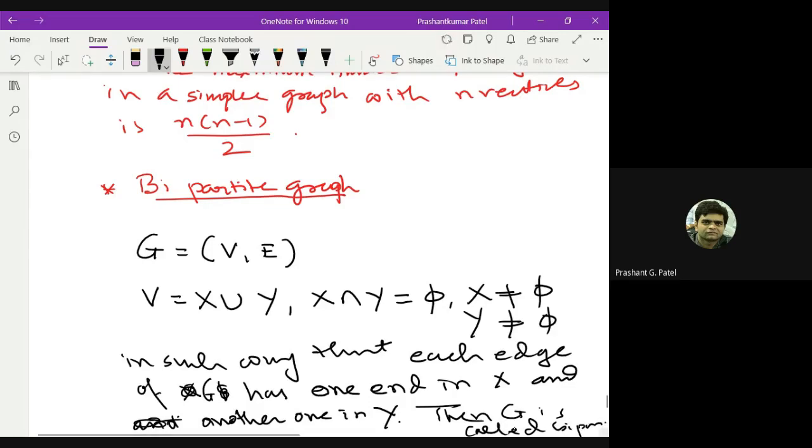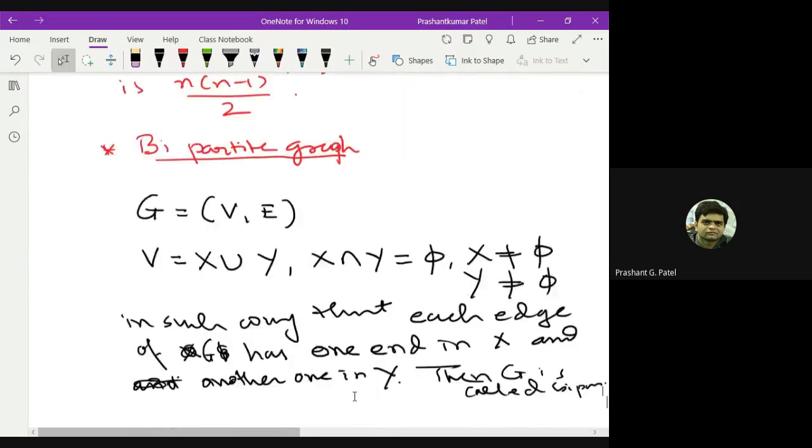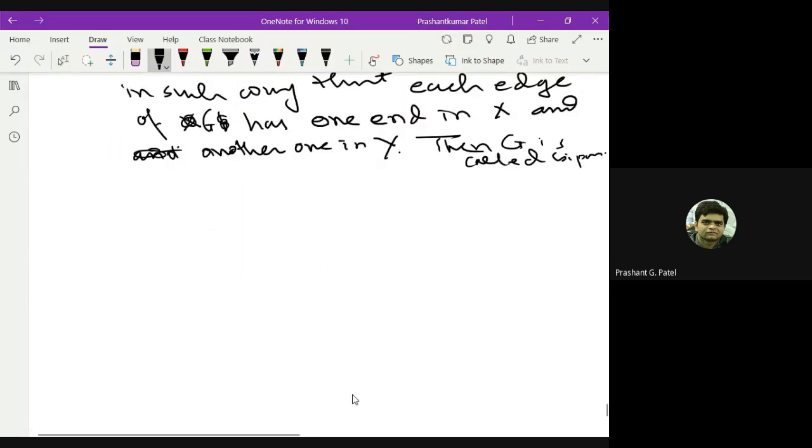For example, I can say that this graph is an example of a bipartite graph. So if I say this is X, I am dividing this graph into two portions. The first set of vertices are these two.